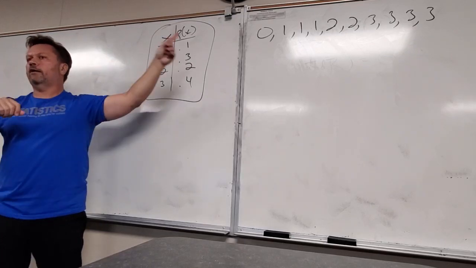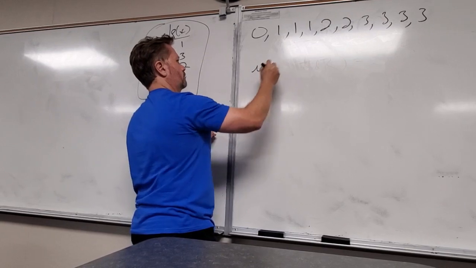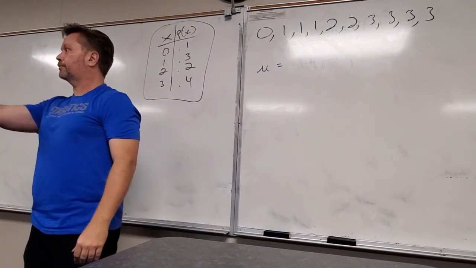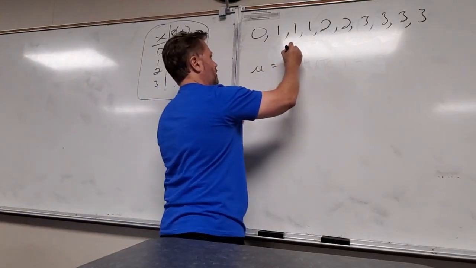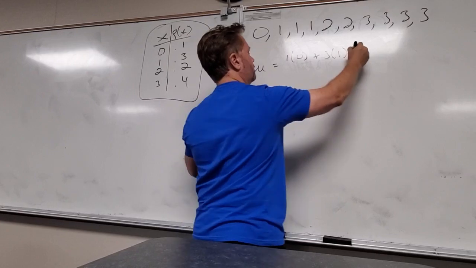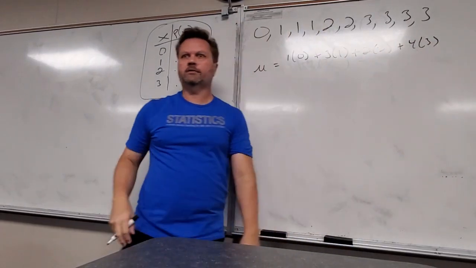How would you calculate the average? Just tell me. What would you do? Add them all up. So I've got 1 zero plus 3 ones, plus 2 twos, plus 4 threes. So I've got less to write, right?